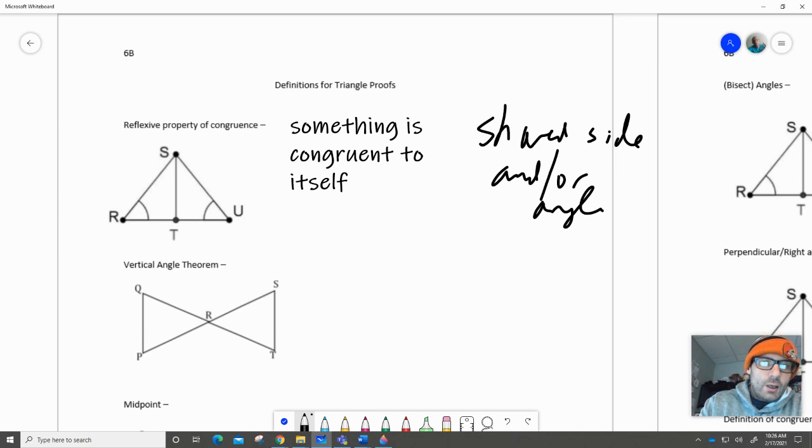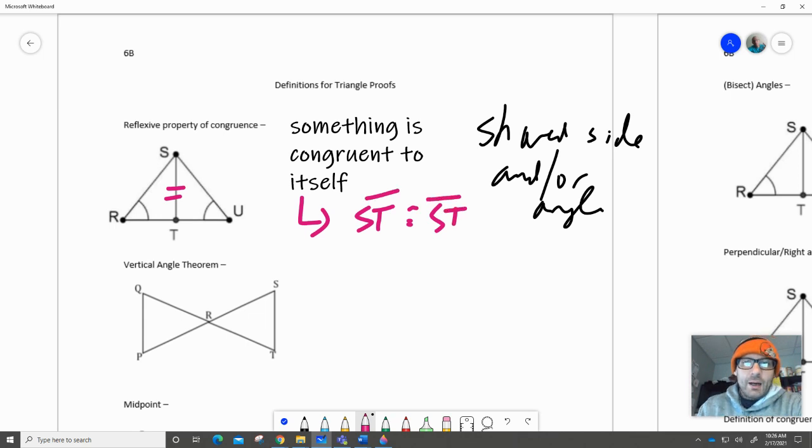For instance, these two triangles, RST and UST, share the side ST. Since they share that side ST, we could say by the reflexive property of congruence that ST is congruent to ST. Kind of obvious, but when we make our proofs, we still need to document that as we go through our two column proofs, which we're going to look at the structure of in the second video.